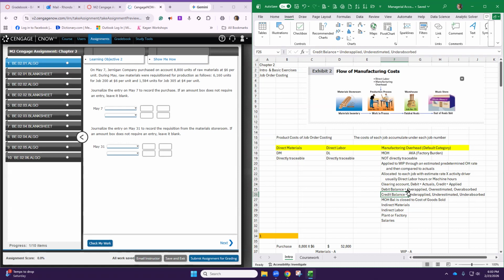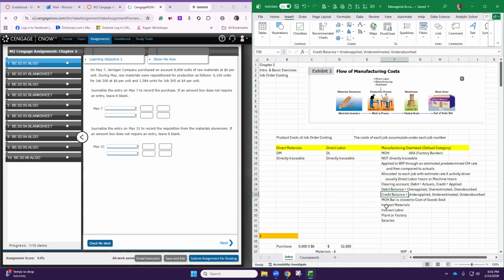And we'll see that here in a minute, but I want you to understand a few buzzwords here: over applied, overestimated, over absorbed. Okay, so that means that if there's a debit balance, we estimated too much. If there's a credit balance, the opposite is true. If the balance is on the right side of the T account, which is known as applied, then it's underapplied, underestimated, underabsorbed.